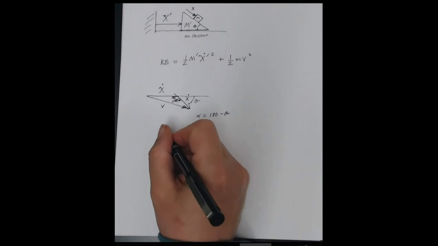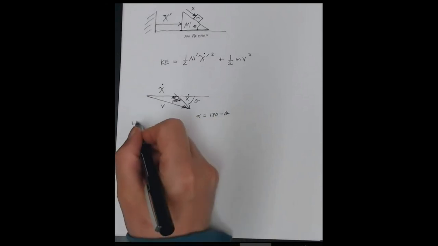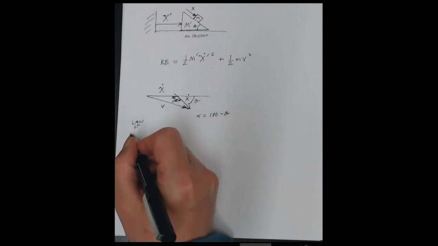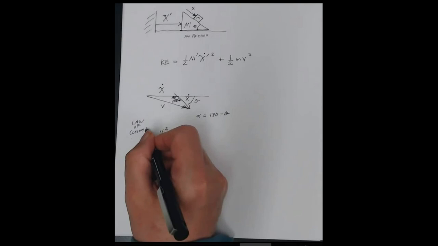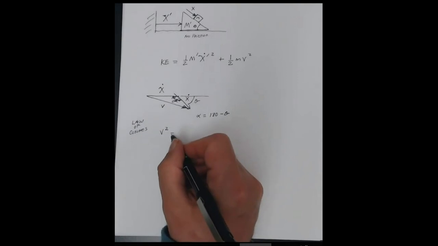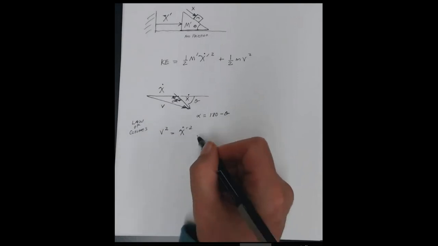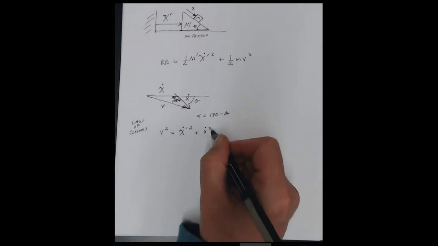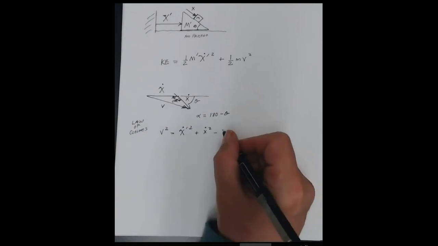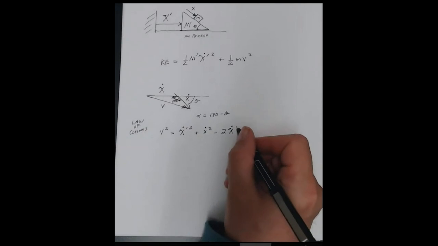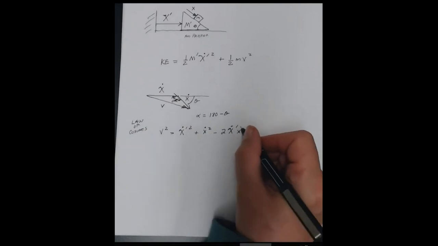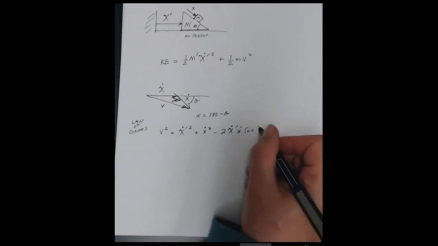So v, using the law of cosines, v squared is big X dot squared plus little x dot squared minus 2 times big X dot little x dot cosine of alpha.